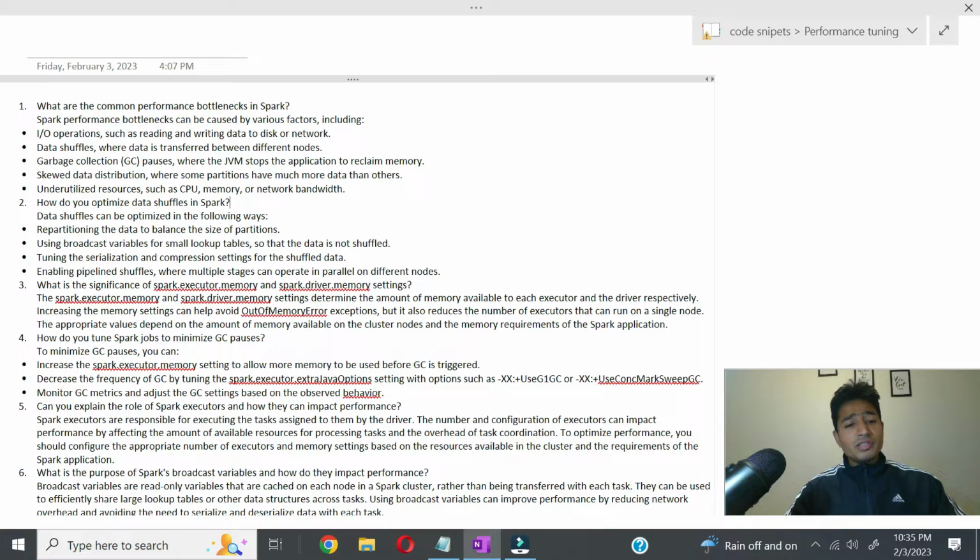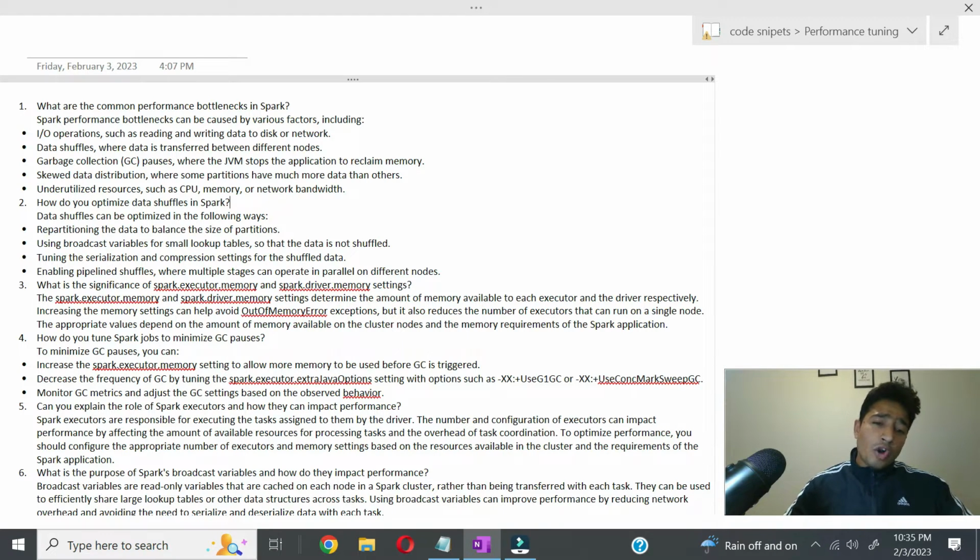Then there are others, but the major one is underutilized resources such as CPU, memory, and network bandwidth. So these are the common performance bottlenecks in Spark and even in any other parallel processing framework.